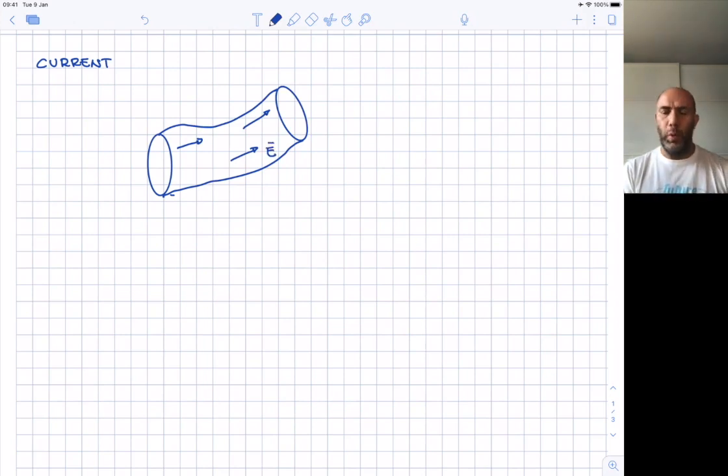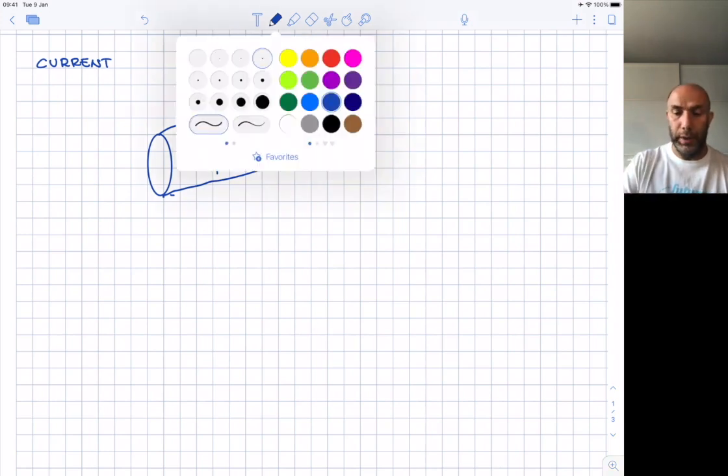From physics, we know that if we have a free charge, let's call this charge Q, and this charge is immersed in an electric field, the charge starts moving.